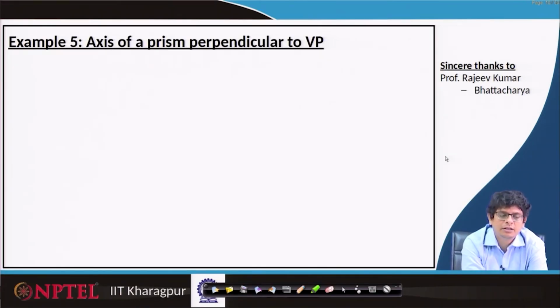Similarly, if you are looking at a prism perpendicular to vertical plane. So, axis of the prism is perpendicular to vertical plane.